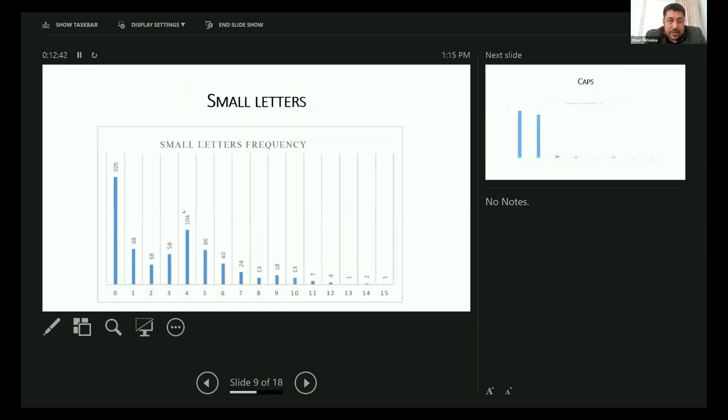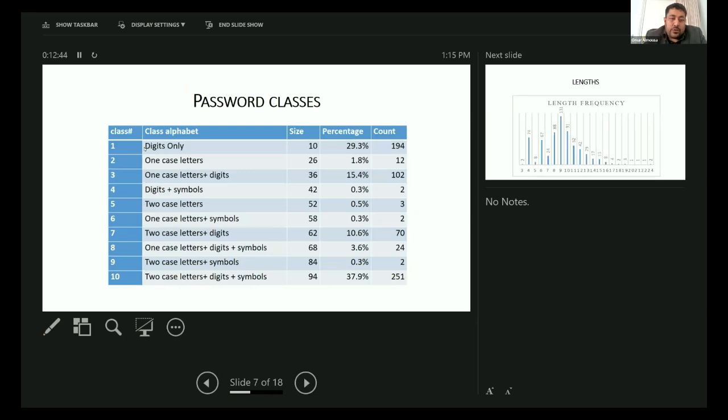So again, going back to this table, this is alpha weak. The class 2 is also alpha weak. The third class is also alpha weak. The alpha strong is starting from 7.